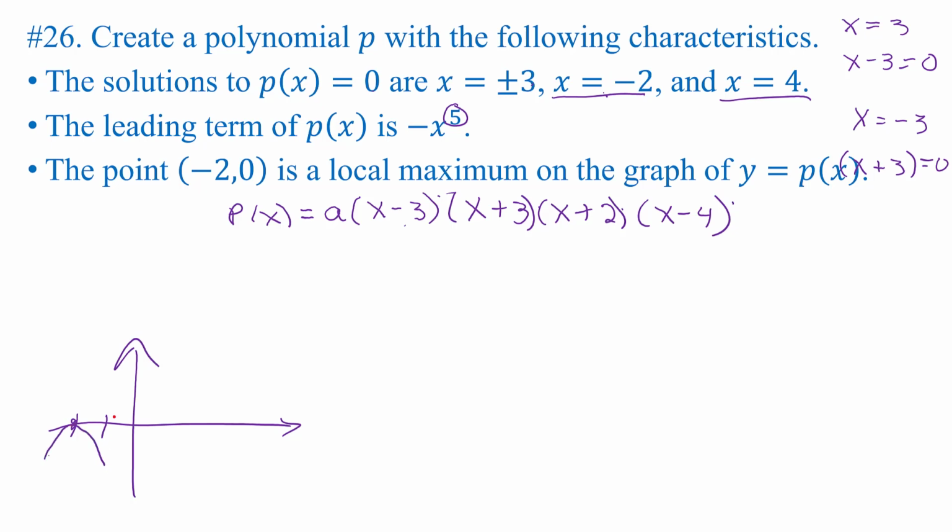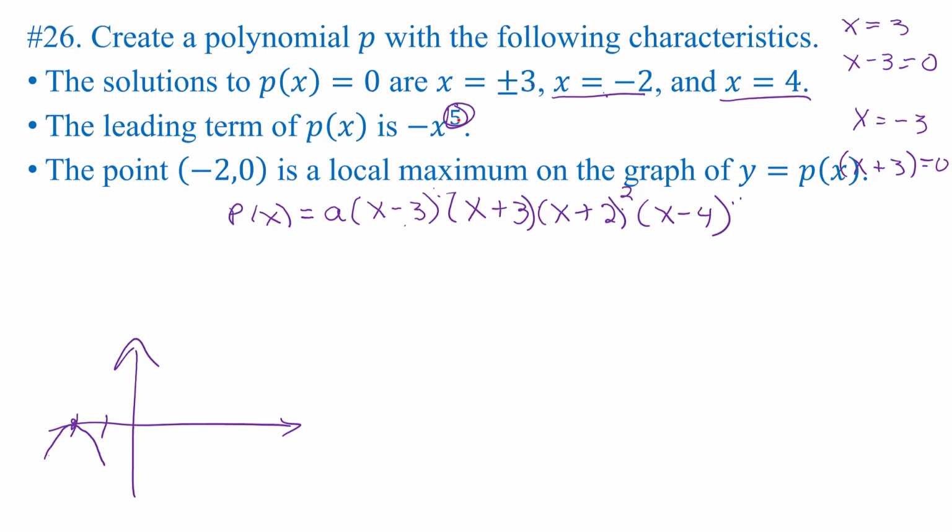Well, what does a local maximum tell me? It tells me that the graph is going to touch and bounce at that point, and that the power of the factor giving me that x equals negative 2 is going to have to be raised to an even power. Here I'm going to choose a power of 2 to give me 1, 2, 3, 4, 5, to give me x to the 5th.